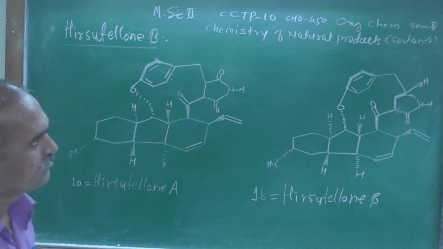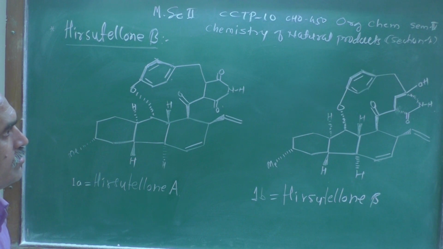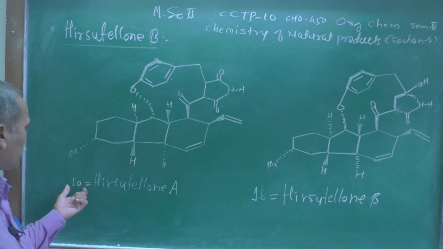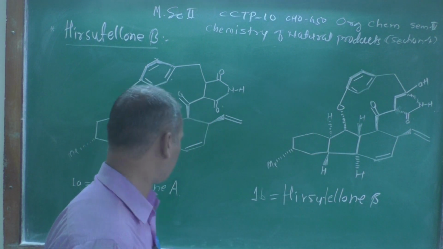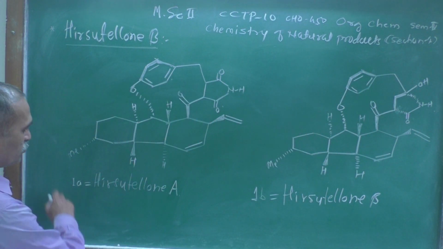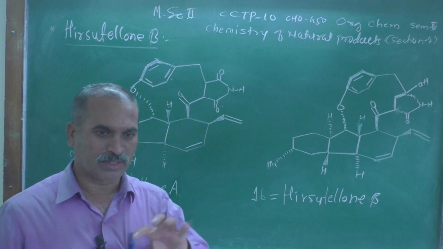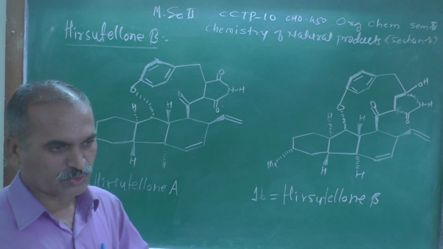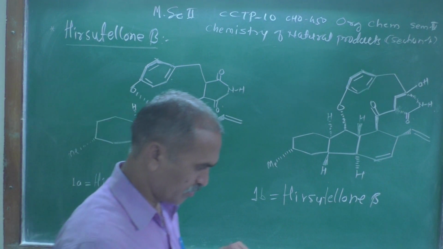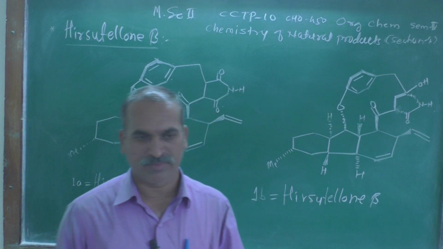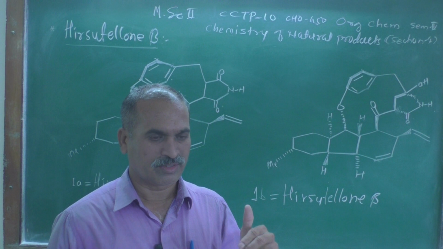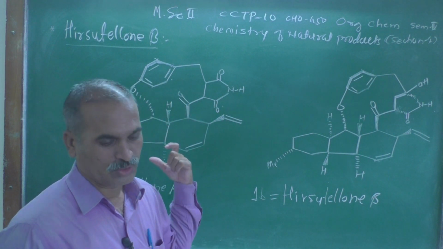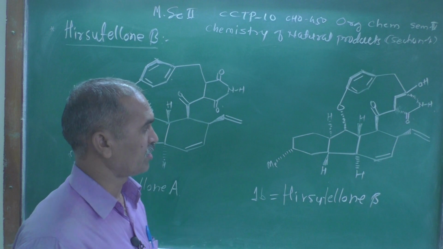There is an OH on one side, so that is the only change, and that's why this is a Hirsutolone A structure, and this is Hirsutolone B. The total synthesis of Hirsutolone A is not given, it might not be useful from a medicinal point of view, and that's why for the sake of comparison I am showing these two structures, which they also showed in their paper.